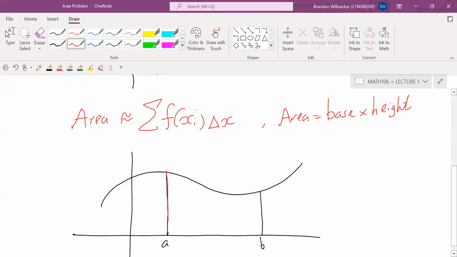So if I use much smaller rectangles like this, dot, dot, dot, just continue this process. We see that this error amount, where the rectangles stick out over there, is going to get smaller and smaller the more rectangles we have.